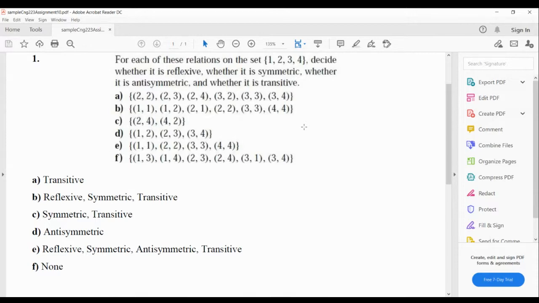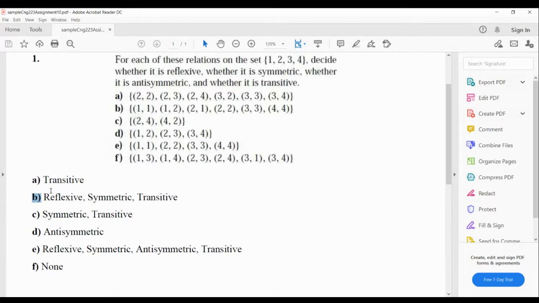To say that, for example, this set, part B, is reflexive, it means that you should rewrite the definition of a reflexive set to say that for all the elements I found in this relation, I could find a pair whose first and second components were the same.